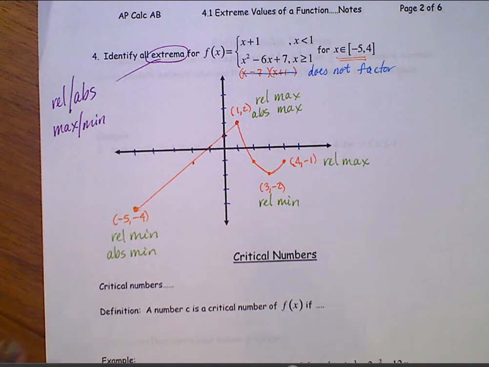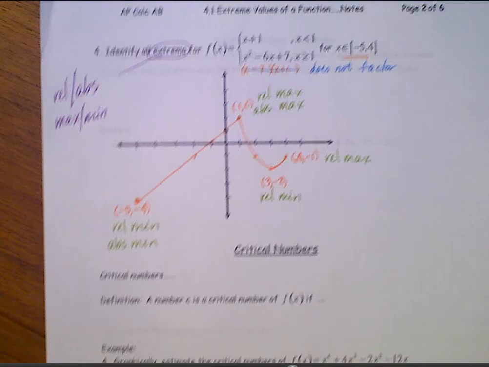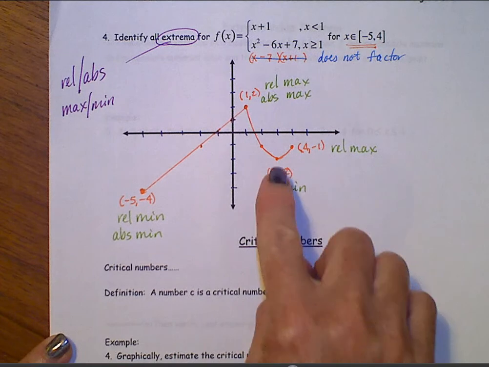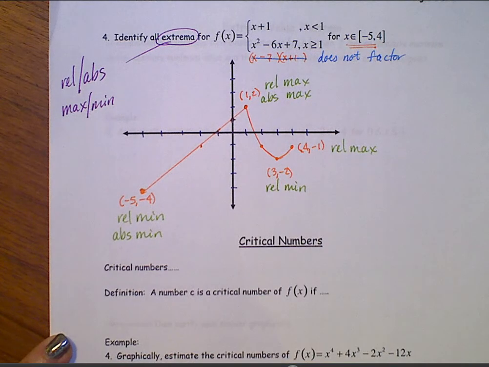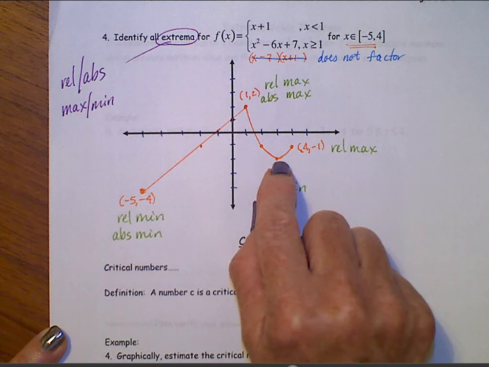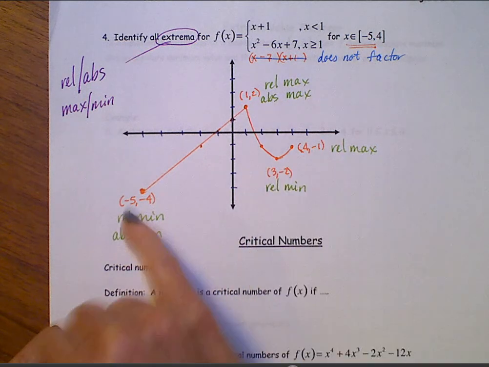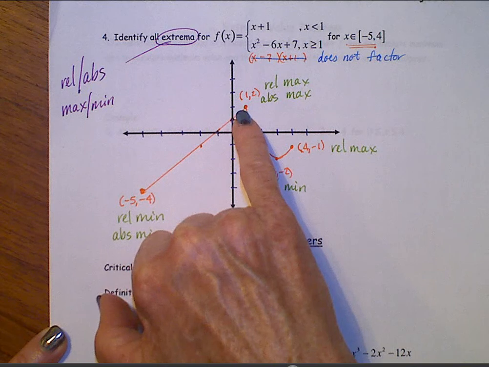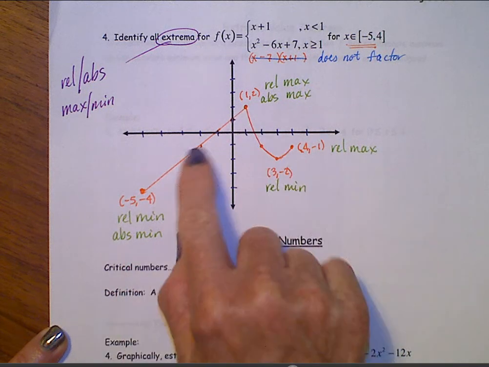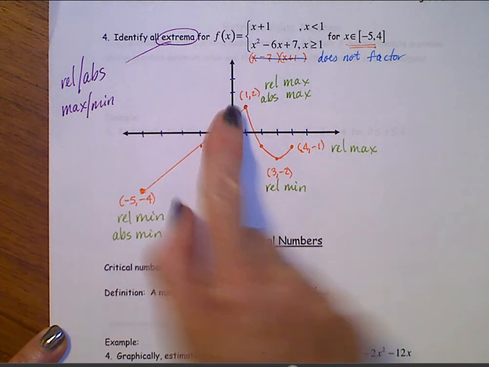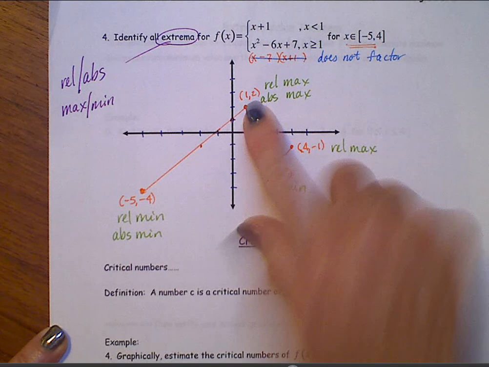All right, now notice that where we have our relative extrema, we have something going on in terms of derivatives and slopes of tangents. We have a horizontal tangent sitting right here, and we have a derivative that's not defined here because the slope of the tangent from the left does not equal the slope of the tangent from the right.